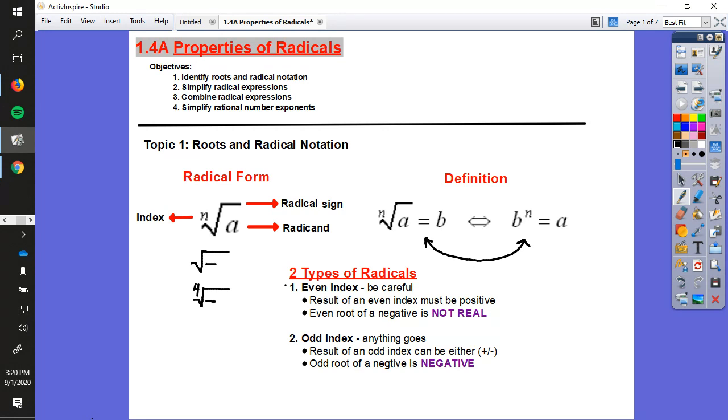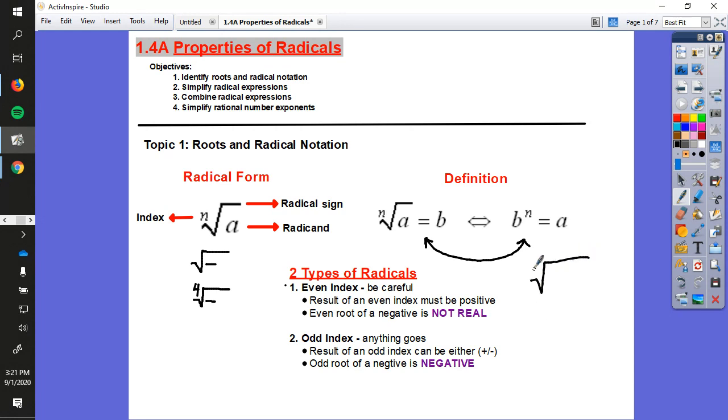Now, when it's an odd index, like a cube root or a fifth root, that one is much more free to get answers. There's less to be worried about and careful of. With the odd index, whatever the sign is inside is going to be the sign of our solution.